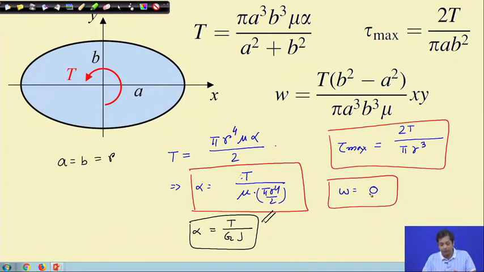So, what we have seen here is that we already had the solution for the circular section, and that solution was based on certain assumptions. Those assumptions are valid for a circular section, and we just verified this. W is equal to 0, there is no out of plane displacement if the section is circular, which is very consistent with this solution.